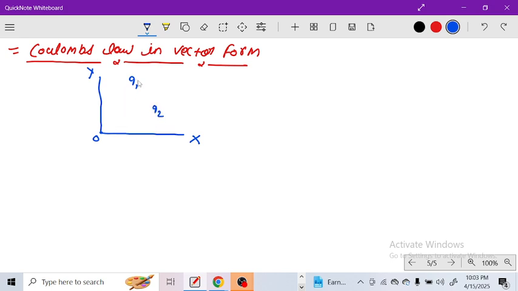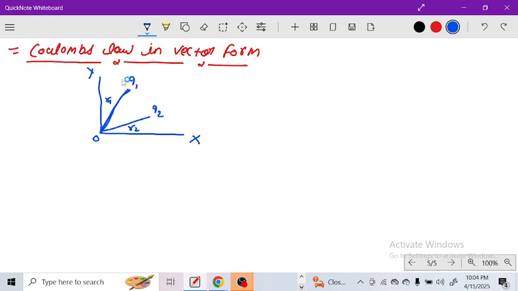The distance of these two charges from the origin is r1 and r2. This is a straight line, Kavya. The distance of q1 from the origin is r1 and the distance of q2 from the origin is r2.